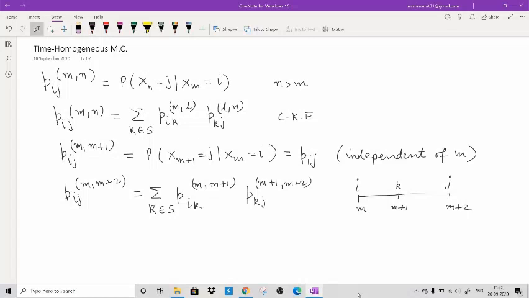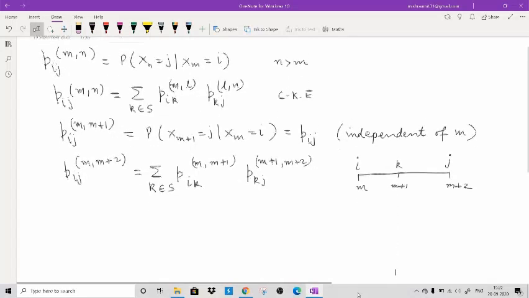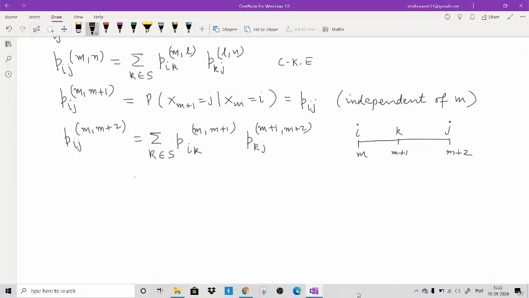So if you see, this is P_ik(m+1), a one step transition probability, and by assumption this will not depend upon m. Again, this is a one step transition probability, so this will again not depend upon m.